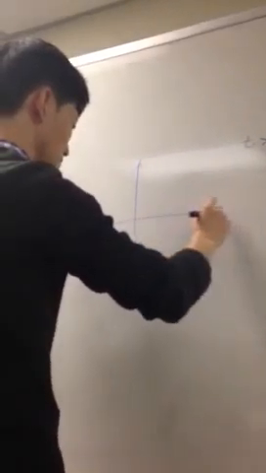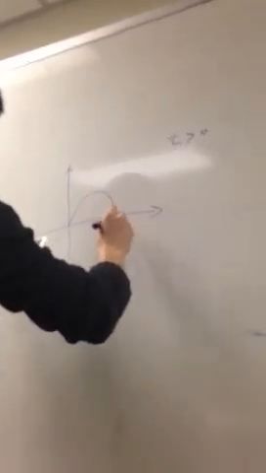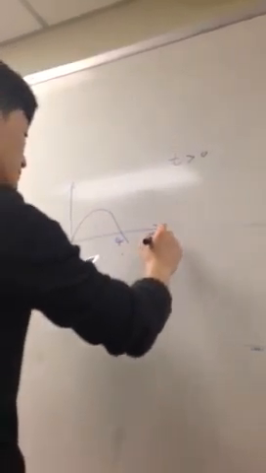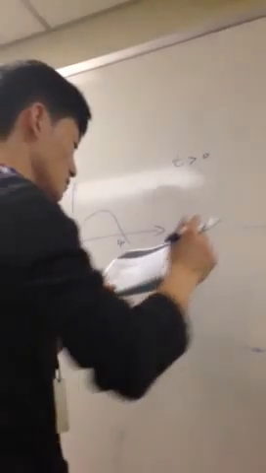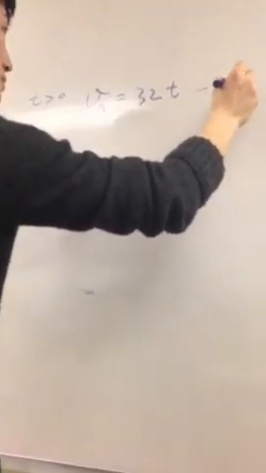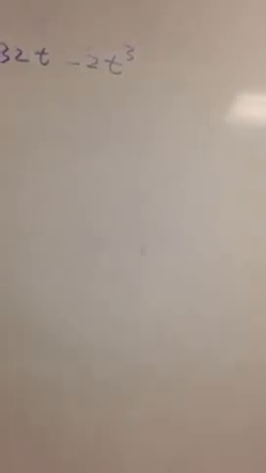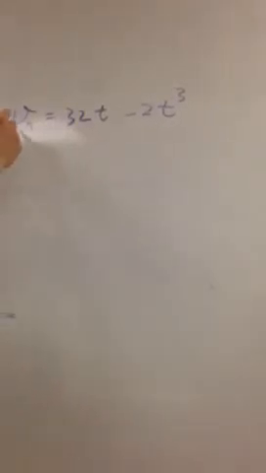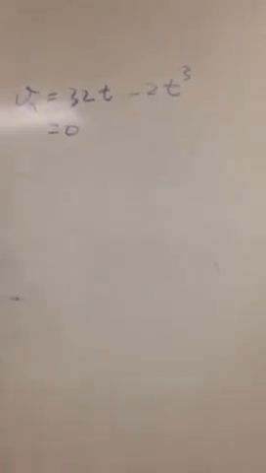So I know maybe you cannot draw. Let's help. So that's t and x. We know v is equal to 32t minus... because the question asks when it achieves the maximum displacement, that is when the velocity becomes 0, right?